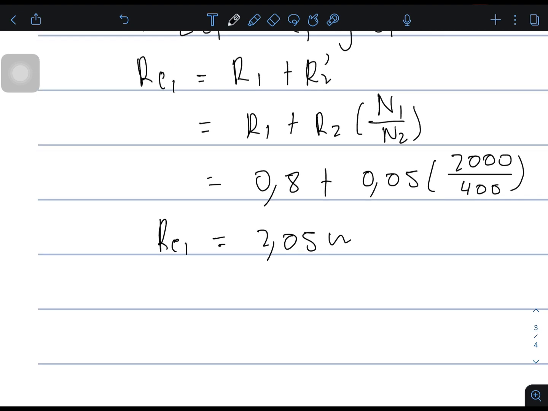Then we need to determine the equivalent impedance.